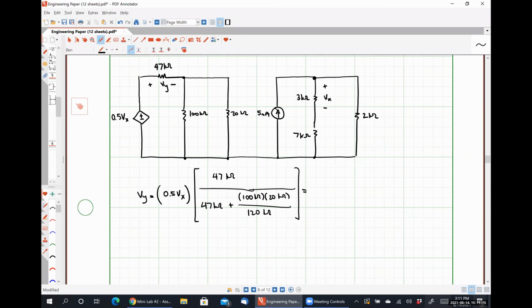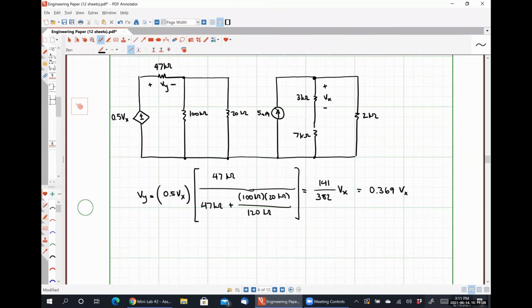This is going to be a little bit wacky, but I'm going to have 141 divided by 382 times Vx, which is the same as 0.369.